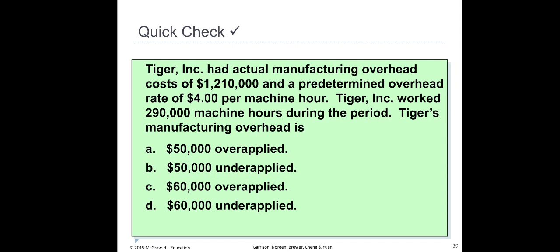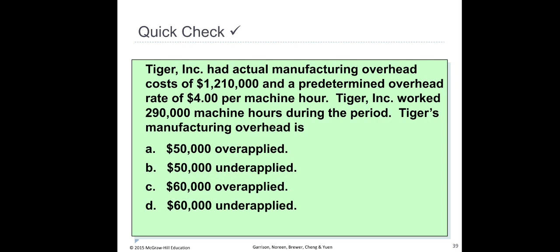And then this is another example. Tiger Incorporated had actual manufacturing overhead cost of $1.210 million and a predetermined overhead rate of $4 per machine hour. Tiger Incorporated worked 290,000 machine hours during the period. So is Tiger's manufacturing overhead overapplied or underapplied?